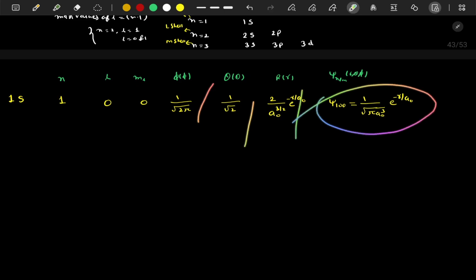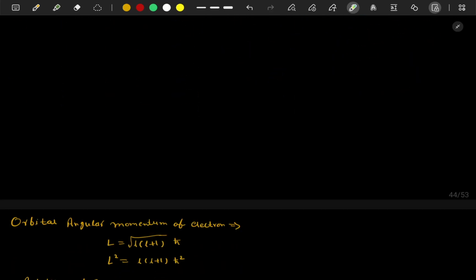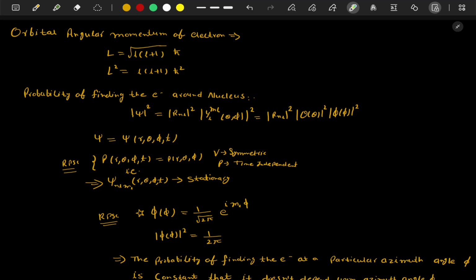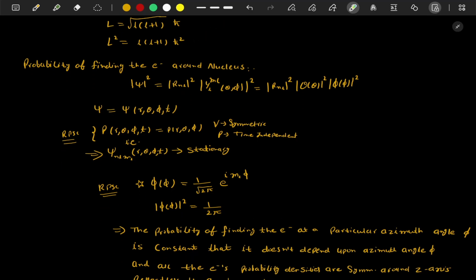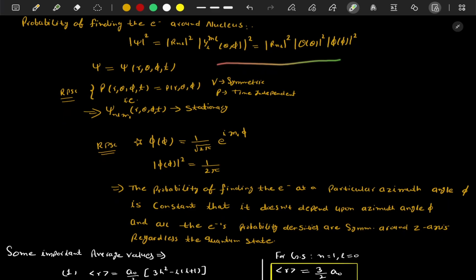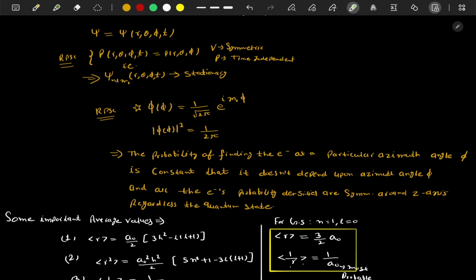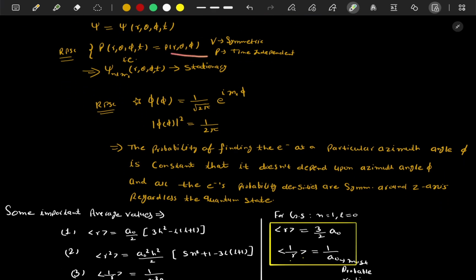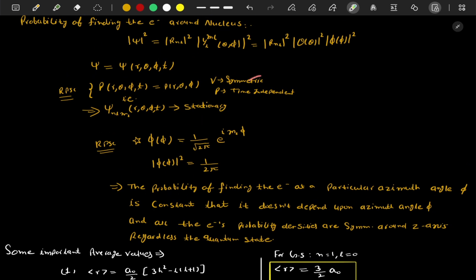So remember this: 1 upon root pi a naught cube, e to the power minus r upon a naught. Orbital angular momentum is root L into L plus 1 h cross. This will be the probability. So probability is not depending on the time.